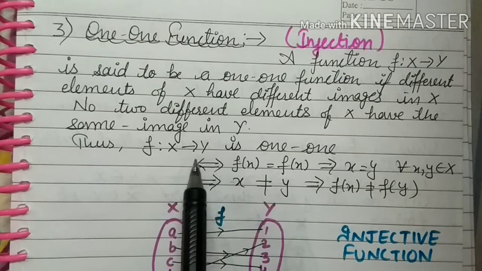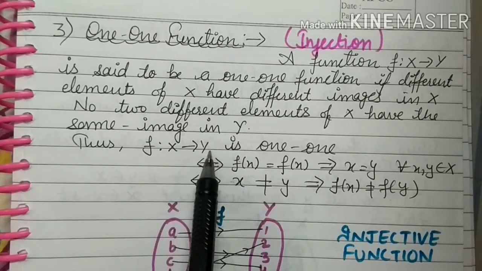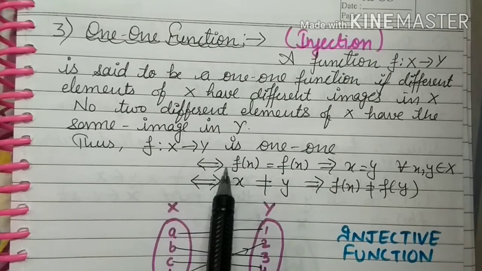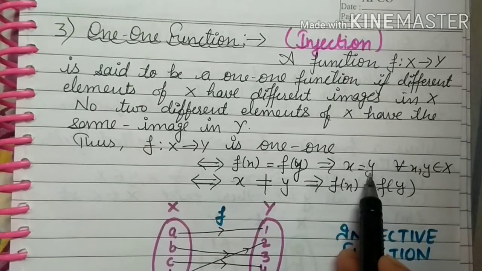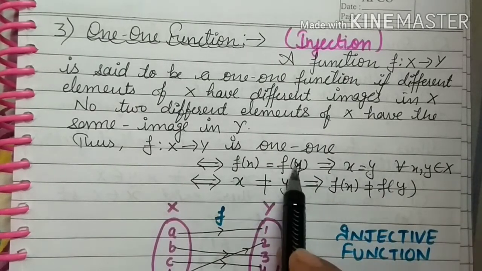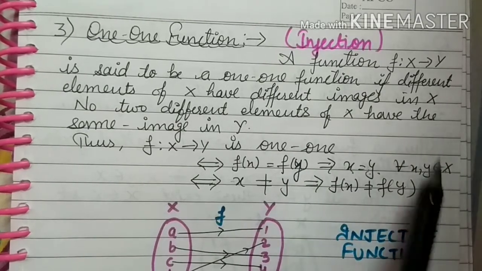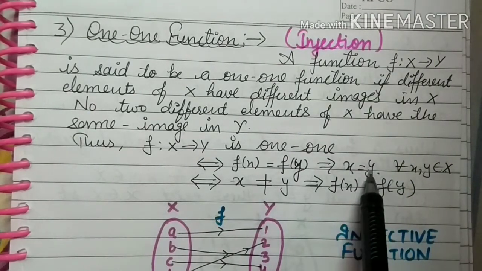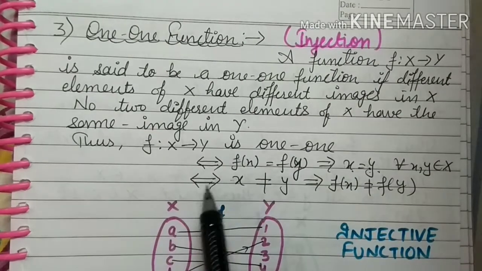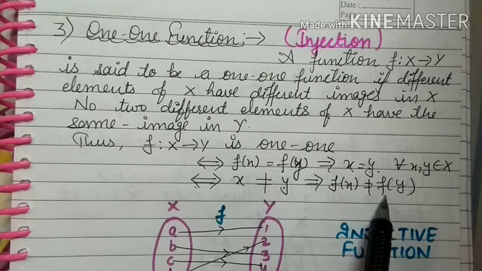So जो by way of proving function is one-one or not, so we will prove it as this: f from x to y is a given function that is one-one if and only if, या implying कि अब अगर f(x) equals to f(y) है then x must be equals to y. यानी अगर किन्हीं दो पॉइंट्स पे फंक्शन की वैल्यू सेम है तो वो दोनों पॉइंट्स भी सेम होने चाहिए. फॉर ऑल x, y belongs to this set x, की इस x के दो एलिमेंट पे अगर फंक्शन की वैल्यू सेम आ रही है तो वो पॉइंट्स भी वो वैल्यूज भी सेम होनी चाहिए. और we can say that if दो वैल्यूज अलग अलग हैं तो फंक्शन पर भी उनकी वैल्यू अलग अलग होनी चाहिए.